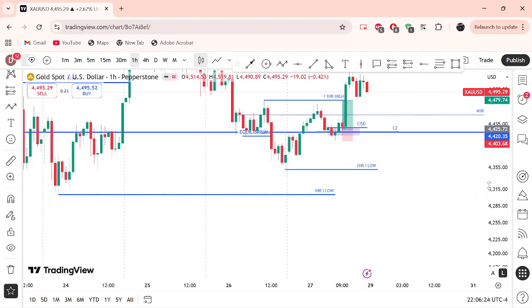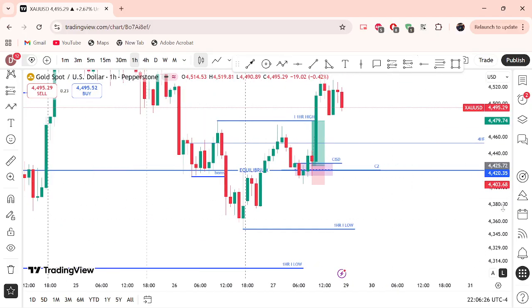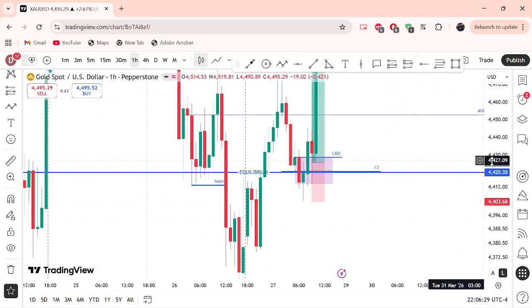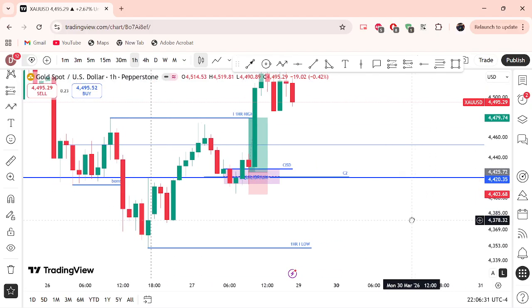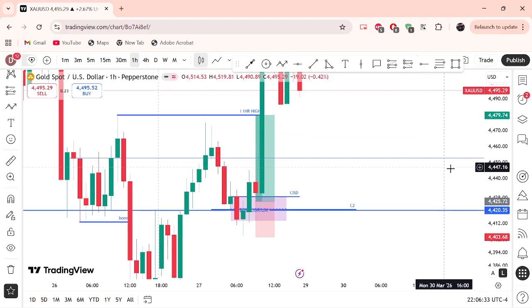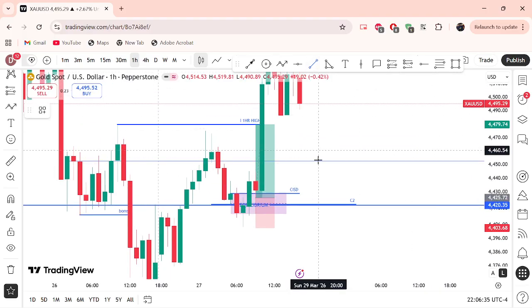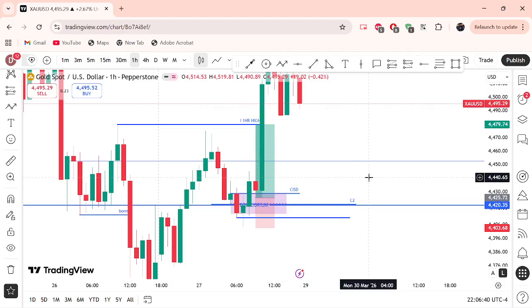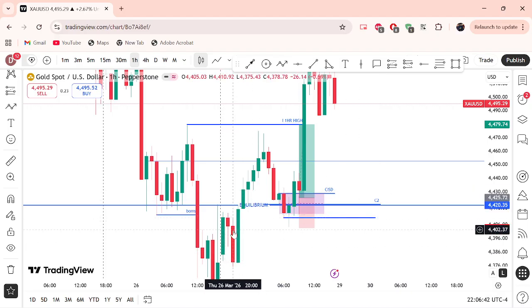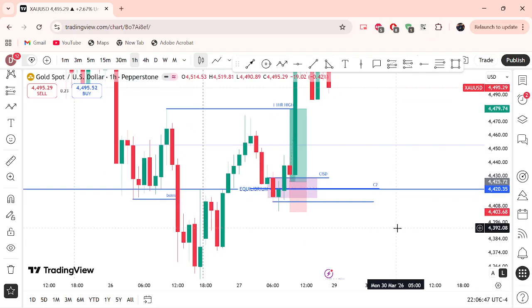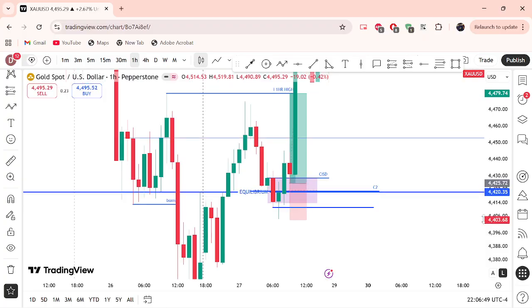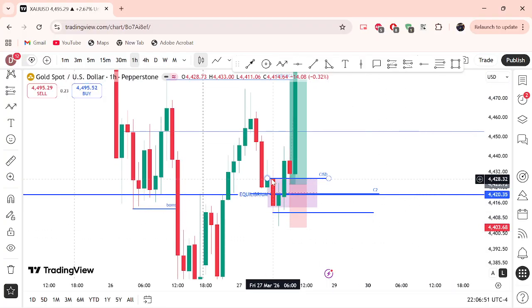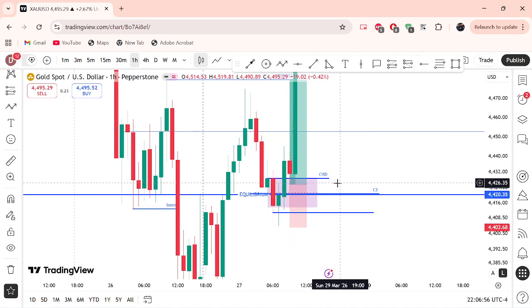Initially, after that, you can see the market swept out this 1 hour low. It was also sweeping into this fair value gap and order blocks as well. So we had that again, and again we had a 1 hour change of state of delivery.